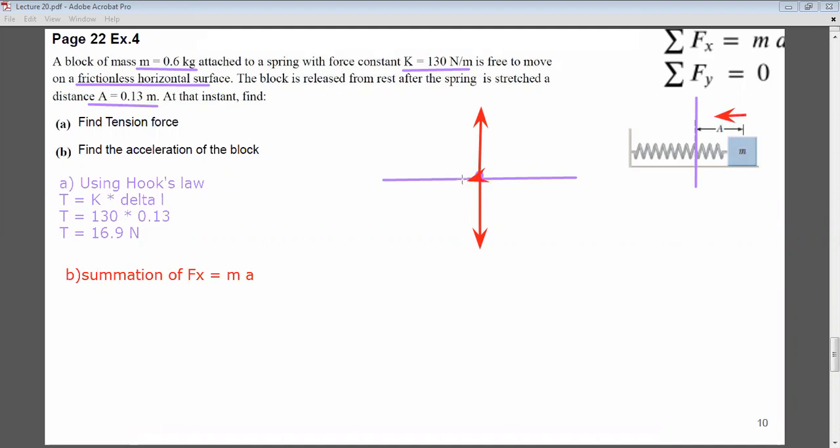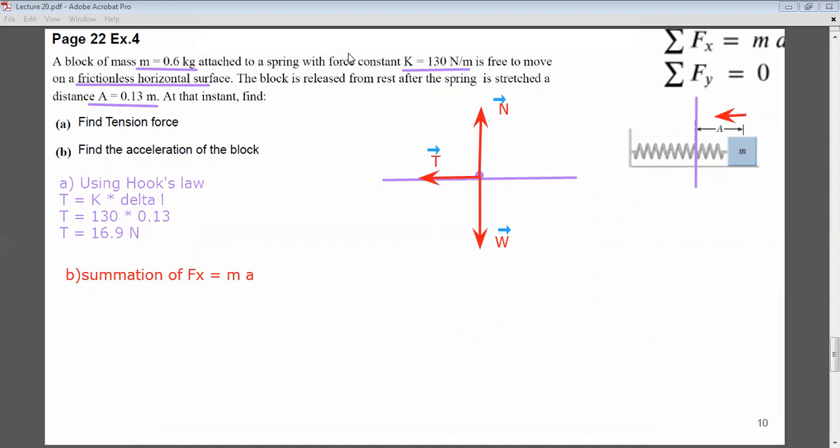So the tension is in this direction. There is no friction and no other force. So this is the normal force, this is the W force, and this is the tension force. And they are vectors, so I have to draw vectors. This is the first step: I draw the free body diagram.